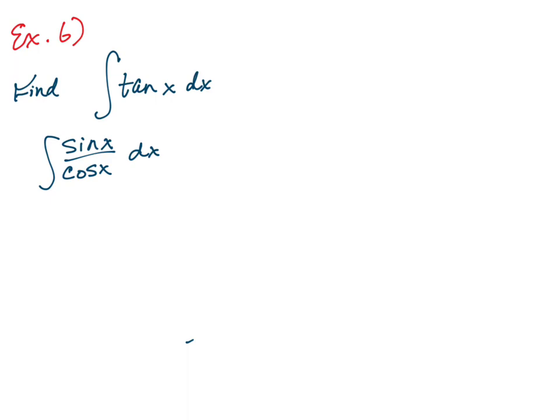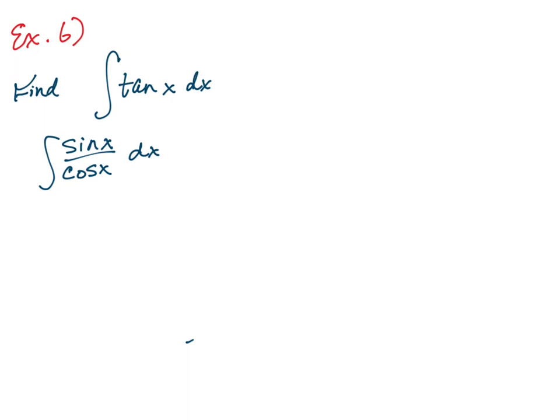But I can use my u substitution here. Remember that it's helpful to call u a function such that its derivative is seen in the problem. The derivative of sine is cosine. The derivative of cosine is sine. So which one do we want to do here?